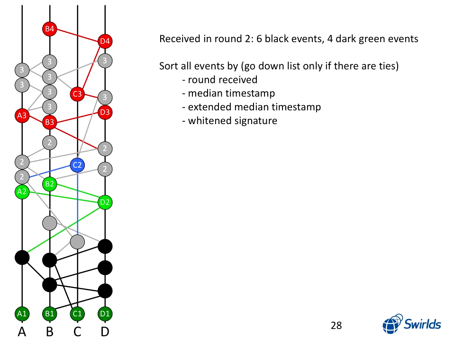So for the 10 events in this diagram that were received in round 2, for those 6 black ones and those 4 dark green ones, they were all received in round 2. We sort them by their median timestamp. Now it's possible that 2 of them have the same round received and the same median timestamp. And in that case, we compare the extended median timestamp.